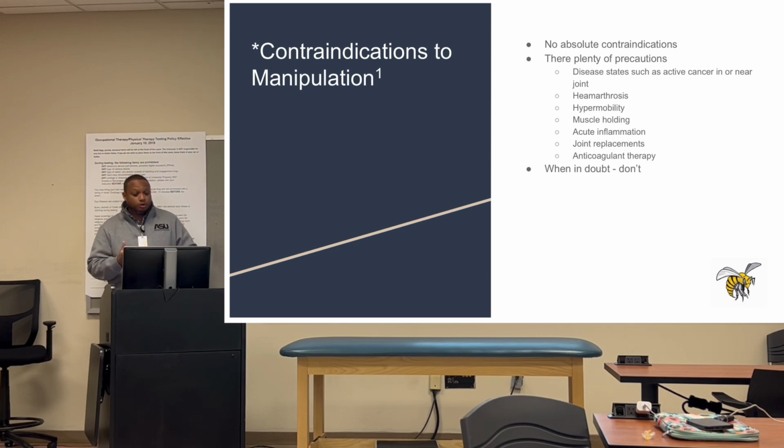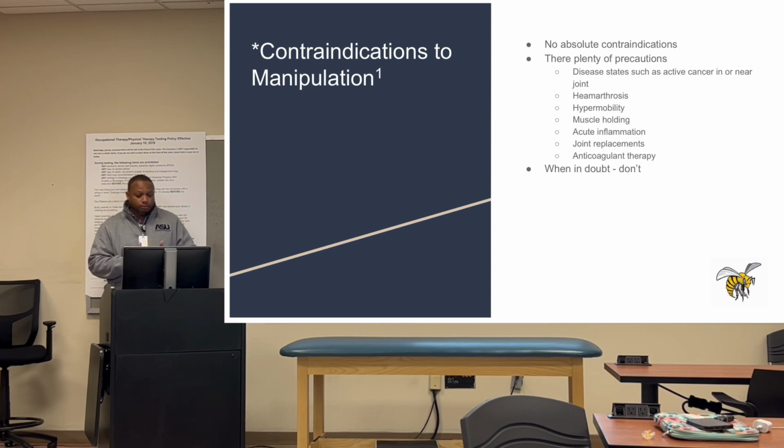And again, acute inflammation, I always put a question mark by this one, because this one is a give or take, depending on the case or scenario that you may see. But typically, with an acute inflammation, you will not do manipulation.